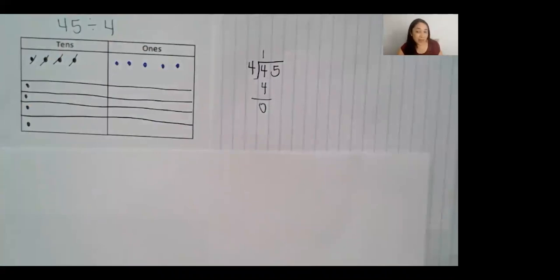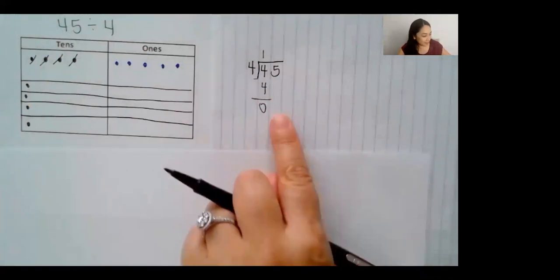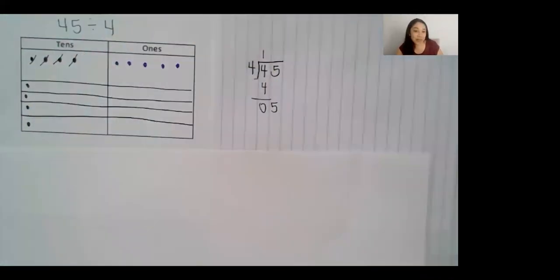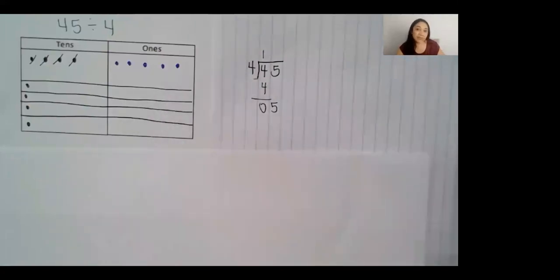How many do we have remaining to divide? We have 5 ones remaining. 5 ones divided by 4 groups equals 1 one. We can place 1 one in each group, but we're going to have 1 remaining.